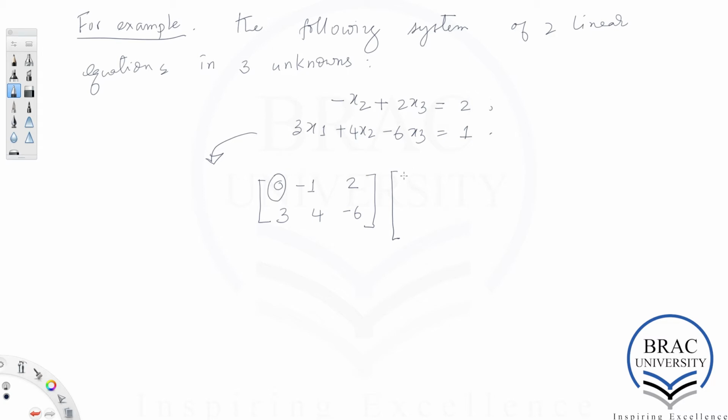The column vector associated with the unknowns is x1, x2, x3, and the column vector containing the constants is just 2, 1. So this system of linear equations can be represented by this matrix equation.